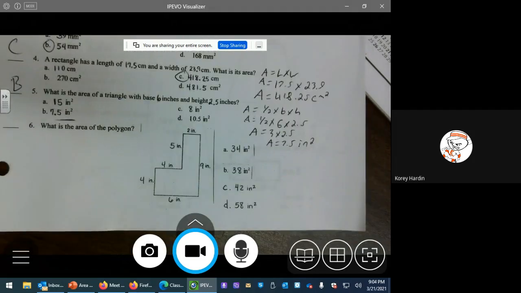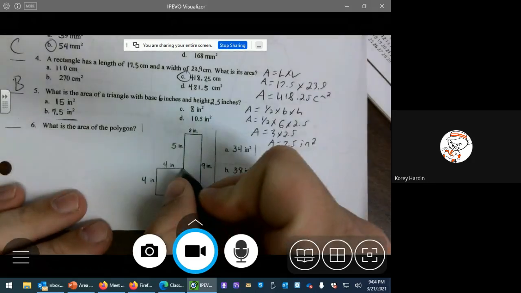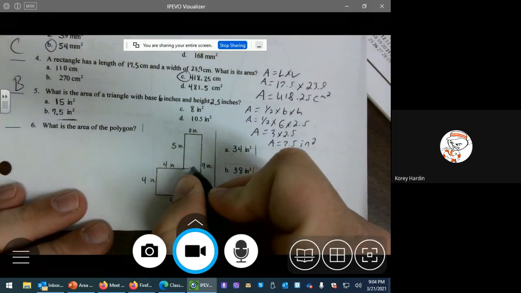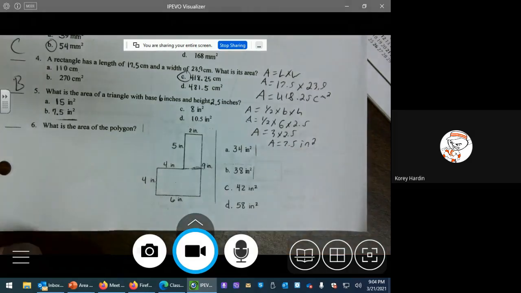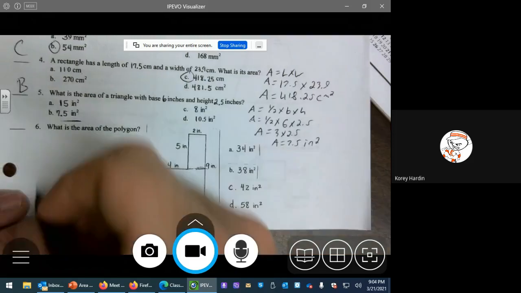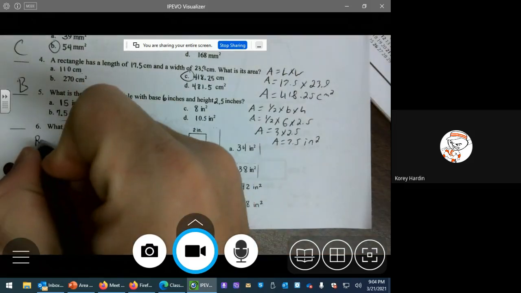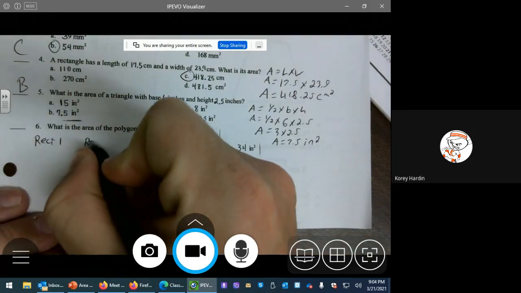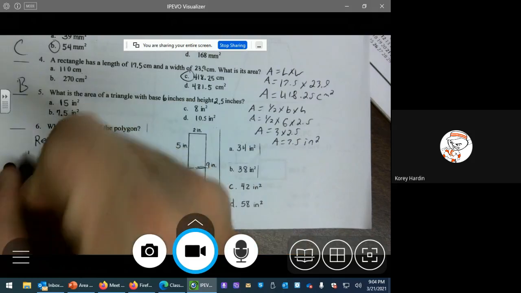All right, now lastly, we have a complex shape on number 6 right here. So I'm going to have to break this shape down into 2 and figure out my area using the 2 things. Well, I'm going to probably cut it right about here. And what that gives me is a 5x2 rectangle. So rectangle 1, rectangle 2, I'm going to draw them.